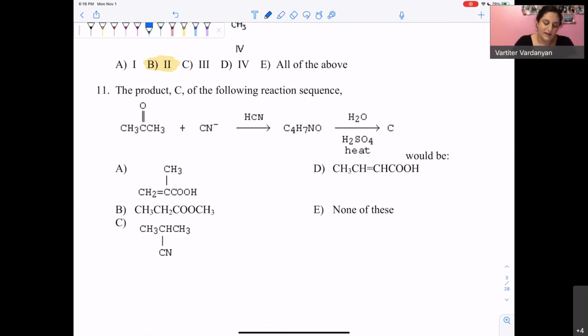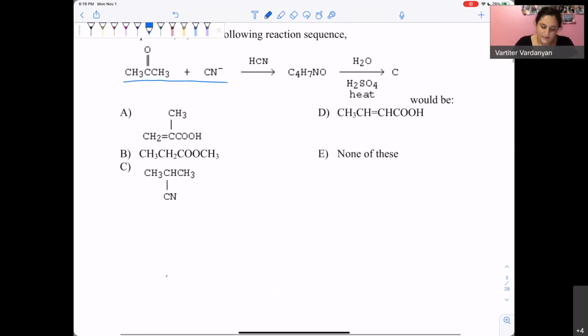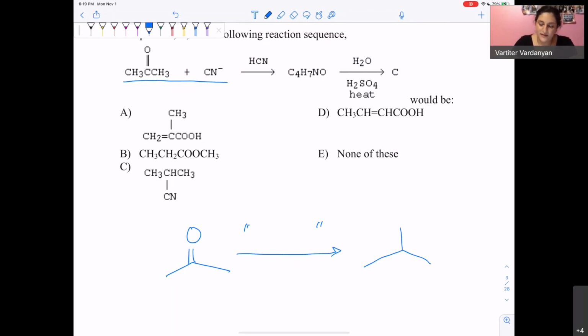Just know that if you have this ketone plus this reaction mechanism from above, you're going to get, this part stays the same, and you make a carboxylic acid. It's really weird. Just know that that would be the answer.